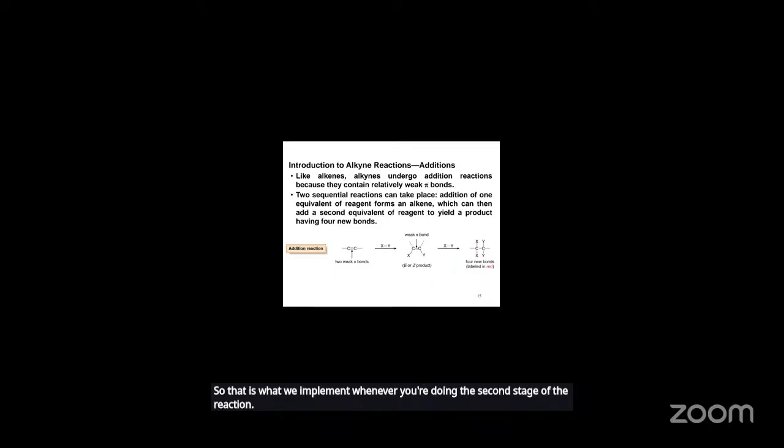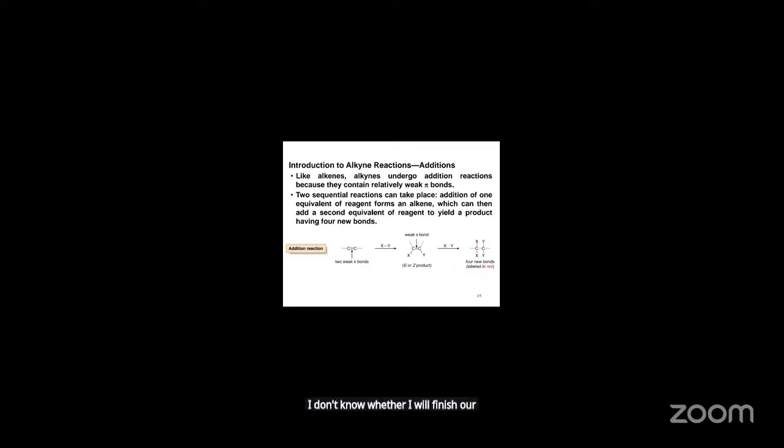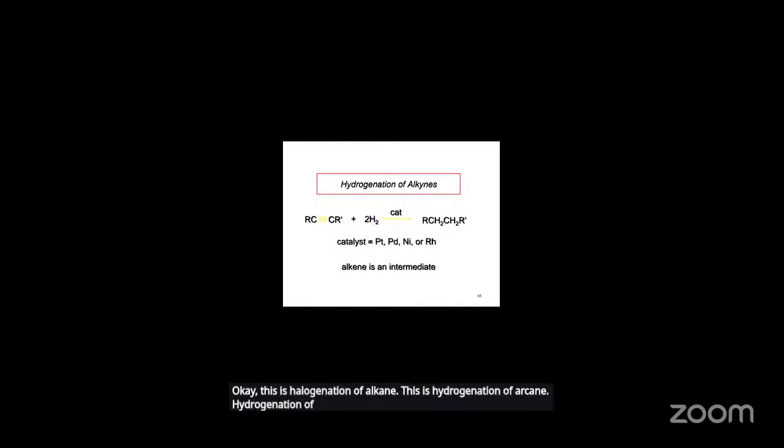I don't know whether we finished the reactions of alkenes. If we did not finish it, please let me know. This is halogenation of alkynes. This is hydrogenation of alkynes. Hydrogenation of alkynes is the same as in alkenes because it's hydrogen, so I can add my hydrogen to any of the carbons.